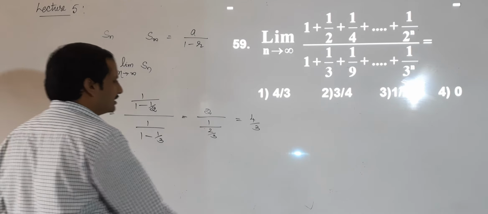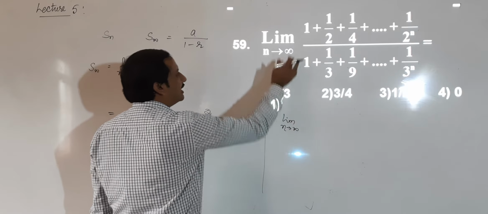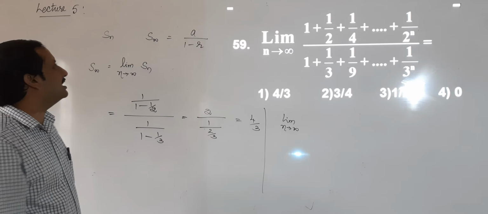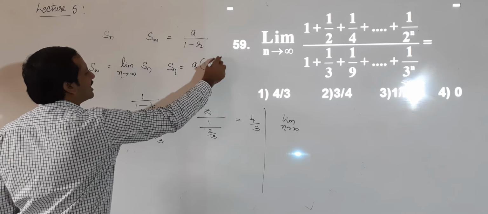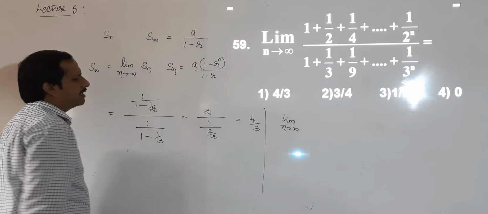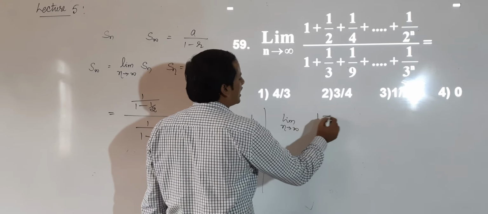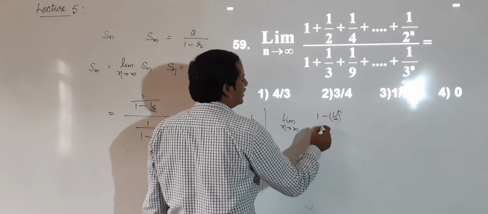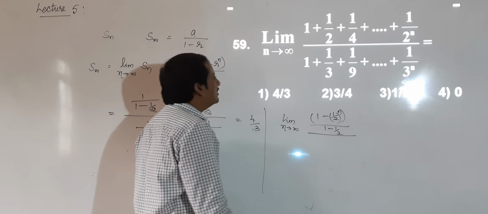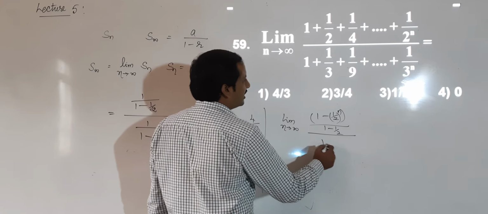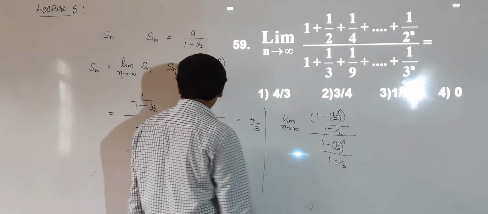There is another method also, that is limit n tends to infinity, where we use Sn. Sn, you know the formula, Sn is given by A into (1 minus R power n) divided by (1 minus R). Okay. So it is (1 minus 1 by 2 to the power n) divided by (1 minus 1 by 2), all divided by, similarly here also, (1 minus 1 by 3 whole power n) divided by (1 minus 1 by 3).